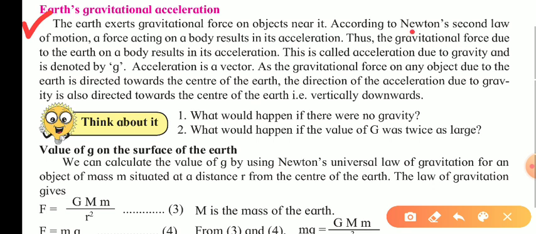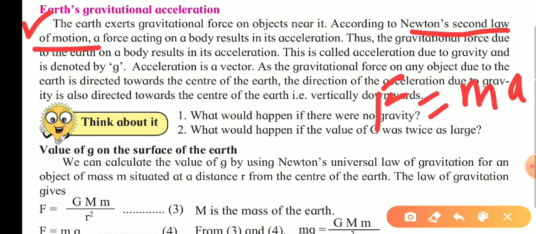As we know by Newton's second law of motion, a force acting on a body results in the acceleration of that object, and the formula for that, which we already studied, is F is equal to ma. It means that if an object has a mass m and the force F is acting on it, then it will start to move with the acceleration a.